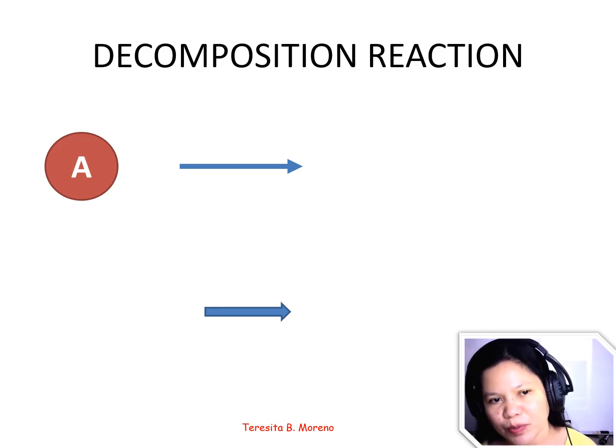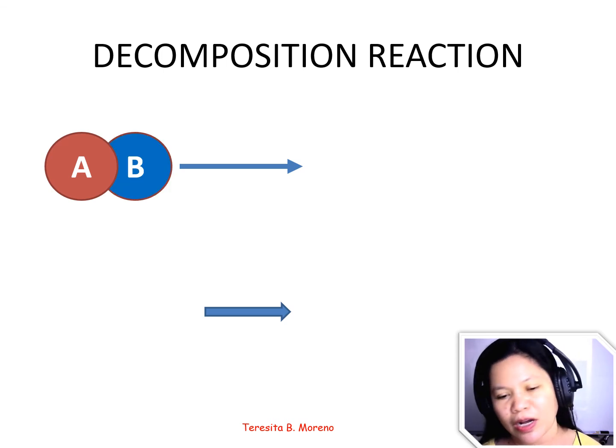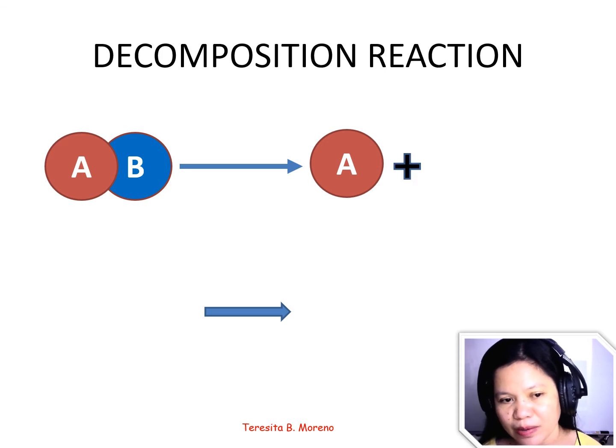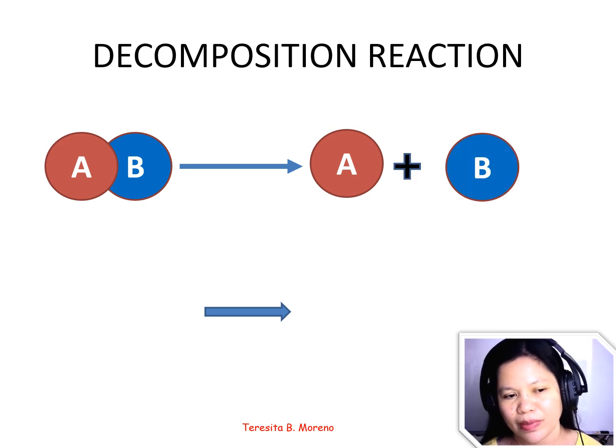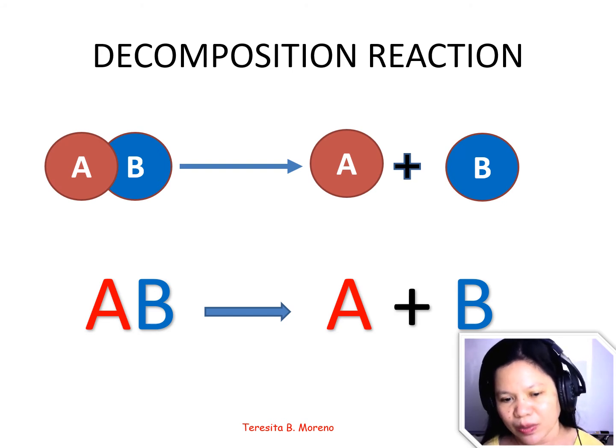Another one is the decomposition reaction. That's the second type of reaction. The first one is combination or synthesis. The second one is decomposition reaction. When we talk about decomposition, you have AB, it will yield into A plus B. So we have here AB, then it will just split into two substances as A plus B. For example, you have water.